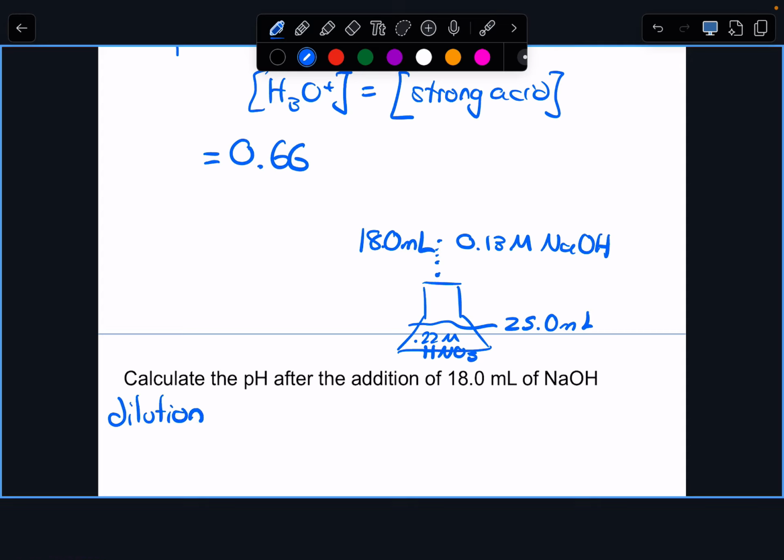We have two compounds now. Anytime you have two compounds, you're going to do a dilution step. I just jotted that in the notes: two compounds, do a dilution step first. Then we're going to do a consumption step, but we do not have to do an equilibrium step because it's a strong acid and a strong base.